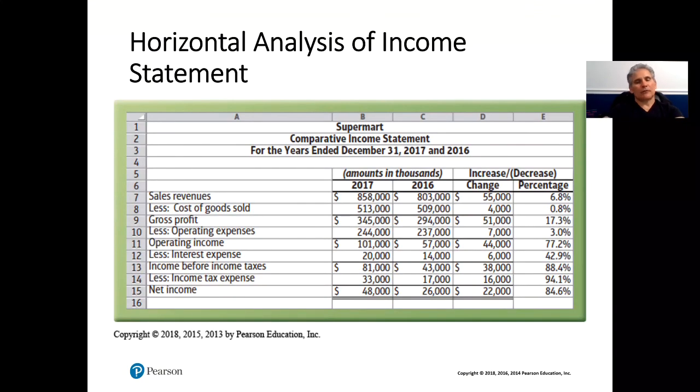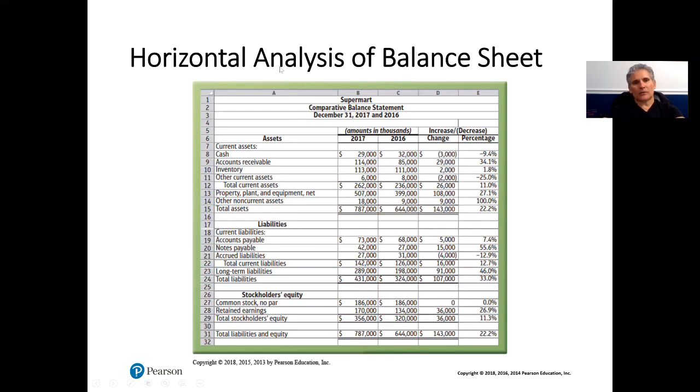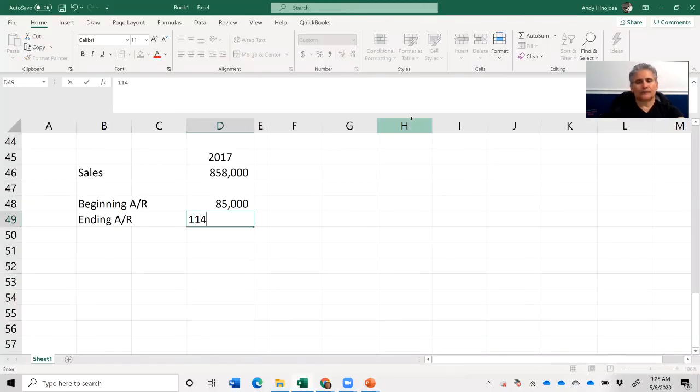Accounts receivable is always on the balance sheet, so we'll go to the horizontal, the comparative balance sheet, and we look for accounts receivable. Because we're coming up with the average, we're going to do the same thing we just did with inventory. We'll get the beginning, which is 85,000. Our ending AR is 114,000.